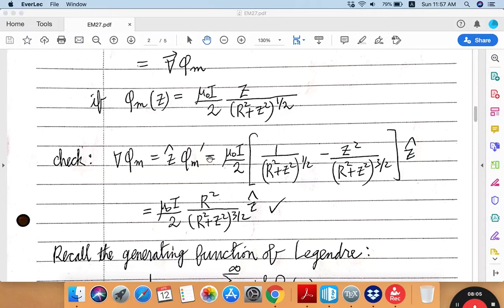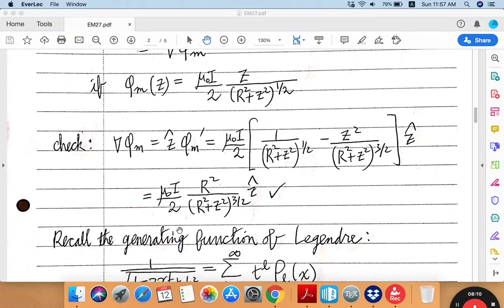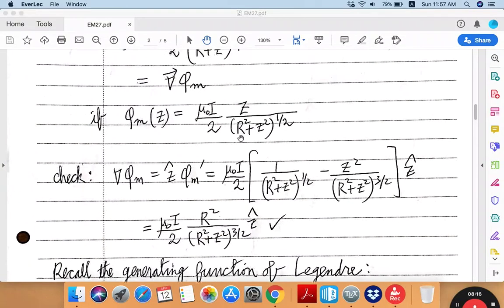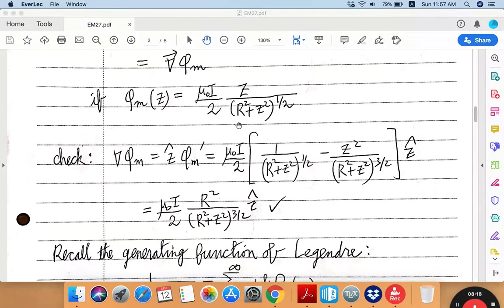And working out the first derivative of this function immediately gives you the form of the magnetic field we have written down over here. So this must be the desired magnetic scalar potential we are looking for.